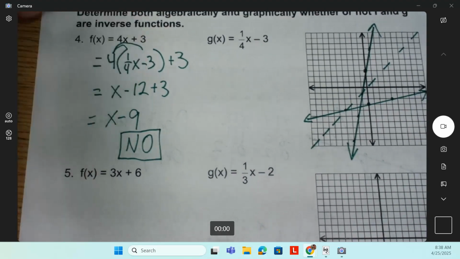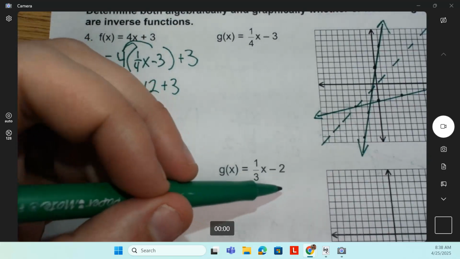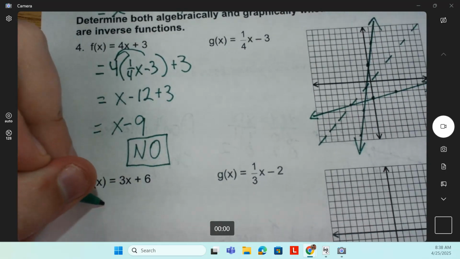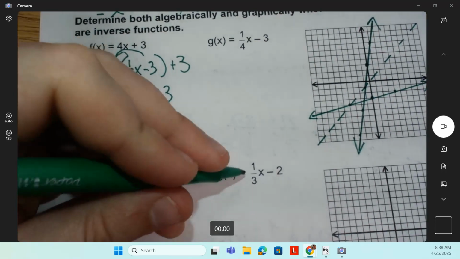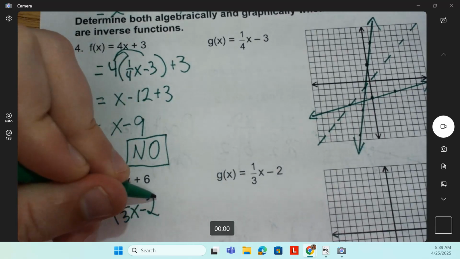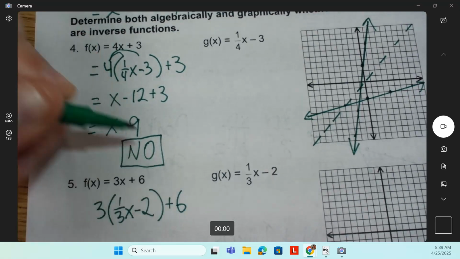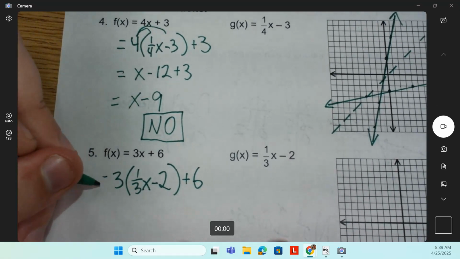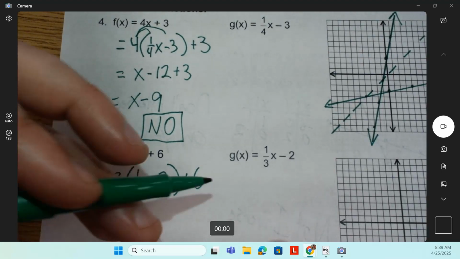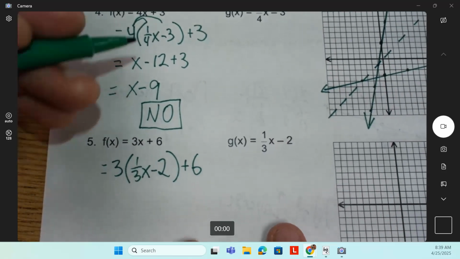So I've got, for f of x, I'm going to take this function of g of x and it's going to go in for x. So that's 3 times 1/3 x minus 2. And this is just your algebraic way, again, to check for inverses because if we multiply this function in there, everything should end up canceling out.